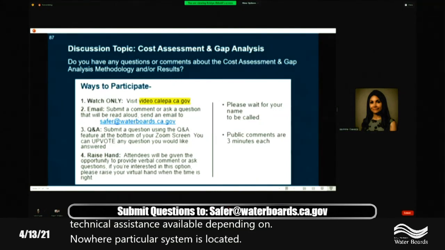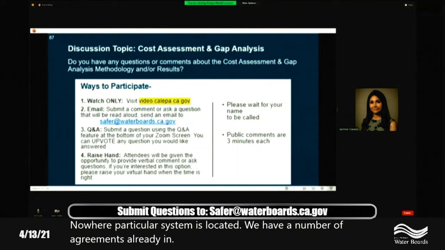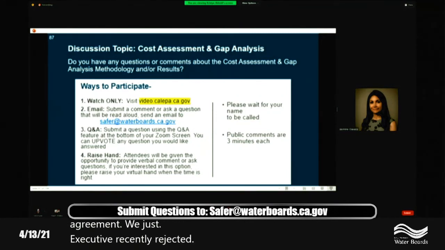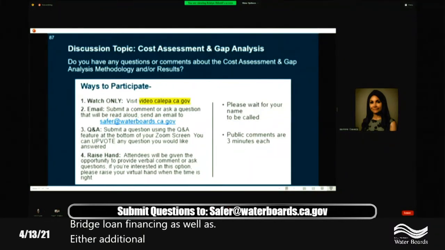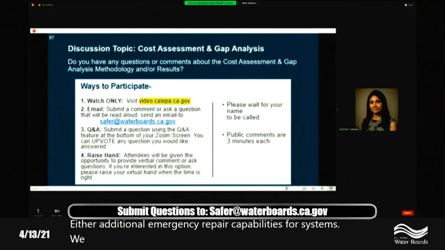We have a number of agreements already in place, and we have a new agreement we just executed recently, which expands some of our services to provide bridge loan financing, as well as additional emergency repair capabilities for systems. We also have a number of regional interim solution agreements.